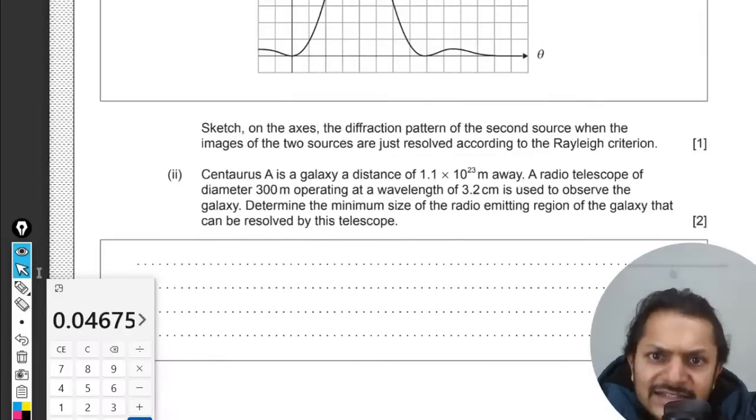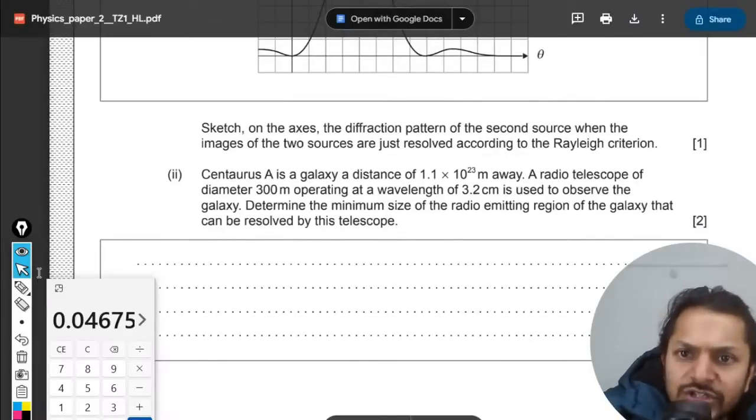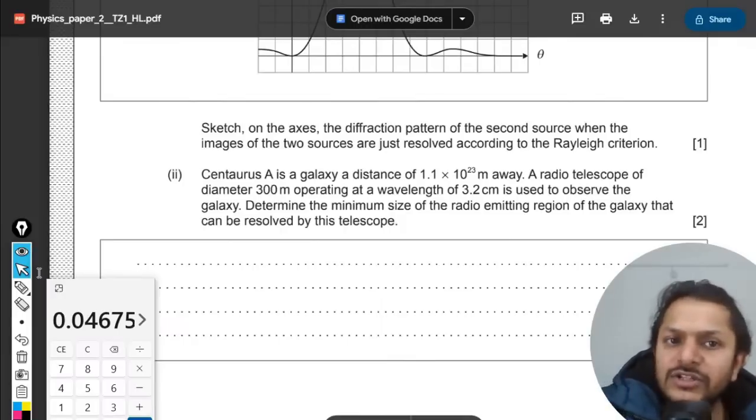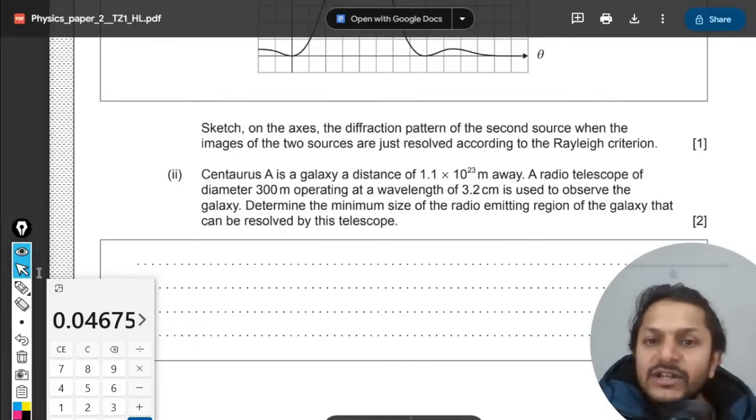Sketch on the axis the diffraction pattern of the second source when the images of the two sources are just resolved according to the Rayleigh criteria. Now, what is the Rayleigh criteria?